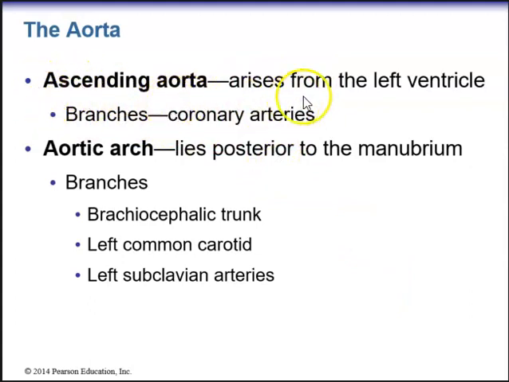The ascending aorta arises from the left ventricle, so blood coming from the left ventricle has to go through the aortic semilunar valve to be transported to this first part of the aorta. Now, the ascending aorta is important because we have branches of our coronary arteries coming from this first section, and the coronary arteries provide blood supply to the heart itself.